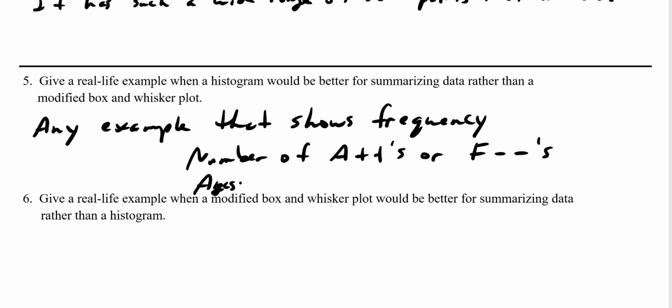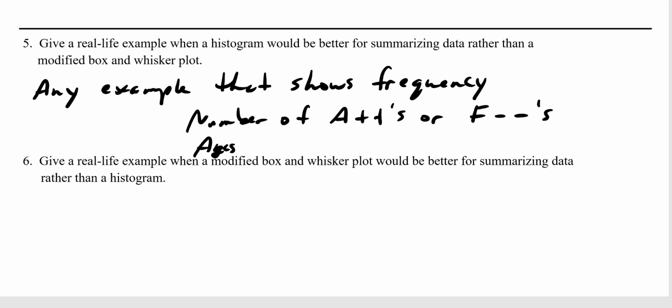Okay, number 6, give a real-life example when a modified box and whisker plot would be better. Basically, when you need to look at ranges. So if there's a lot of data points, an example could be scores on the final.